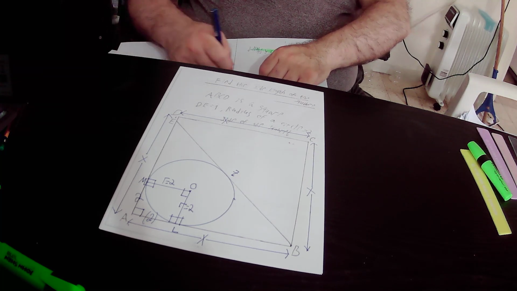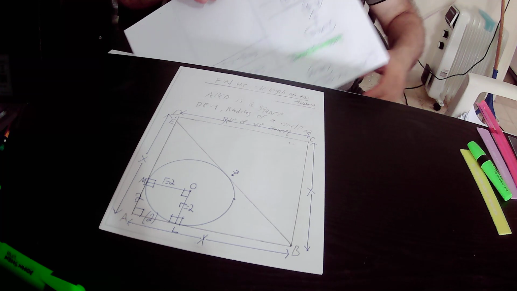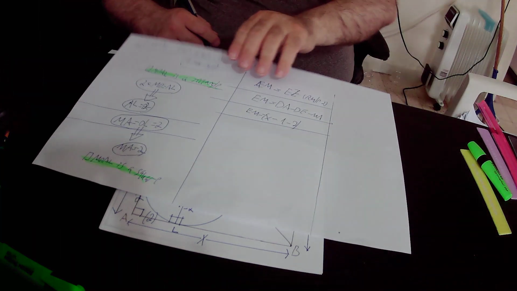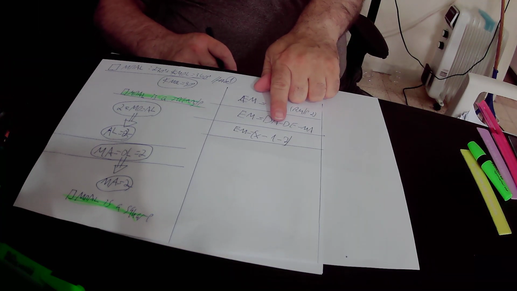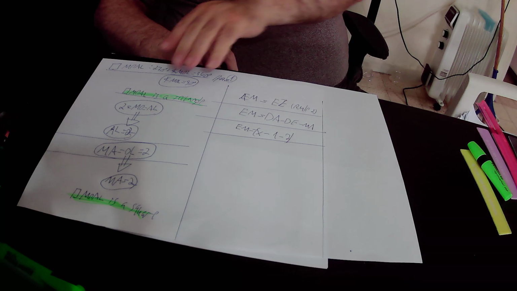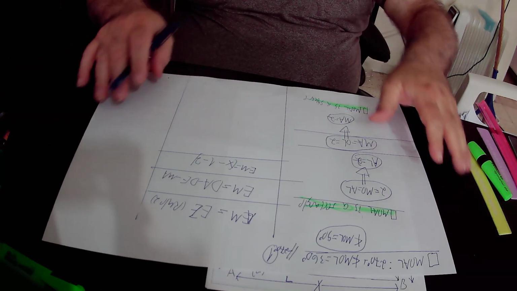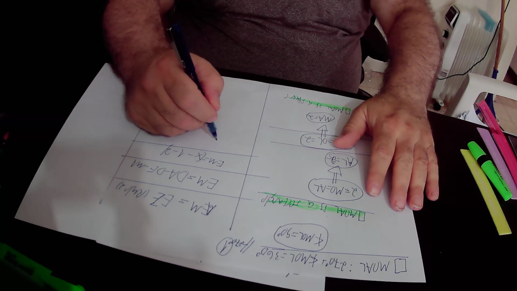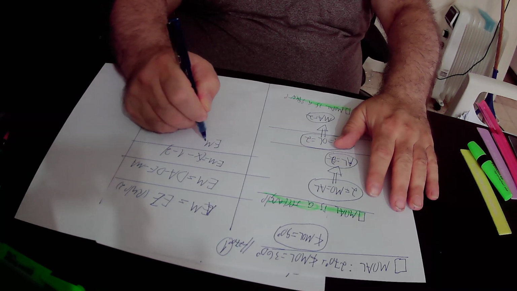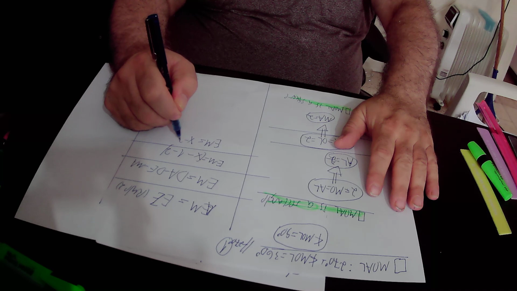So actually we found out that the length of tangent EM is equal to x minus 1 minus 2. X minus 1 minus 2 is equal to x minus 3. So I write it down. EM equals x minus 3.